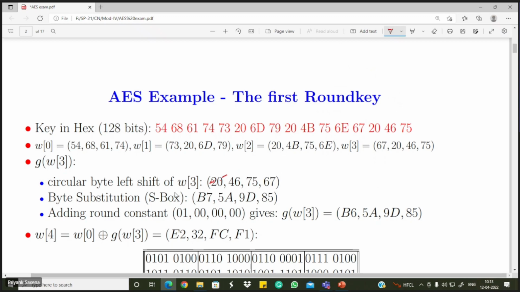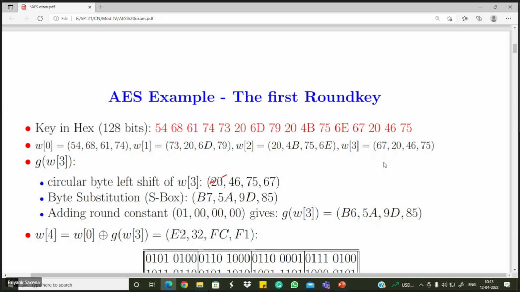So this is nothing but a substitution method. We already have some fixed substitution bytes, so in a matrix of substitution bytes, I can show you.